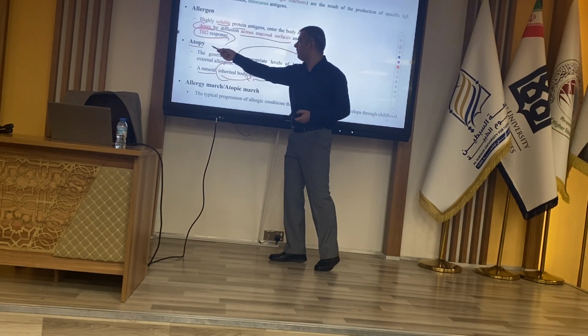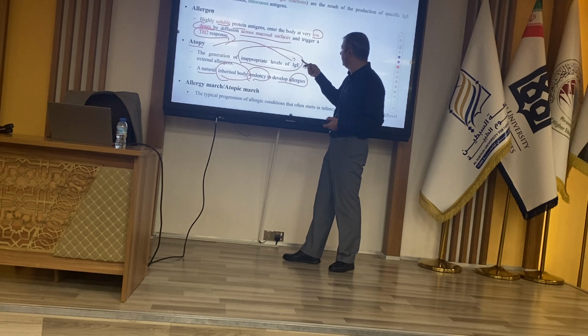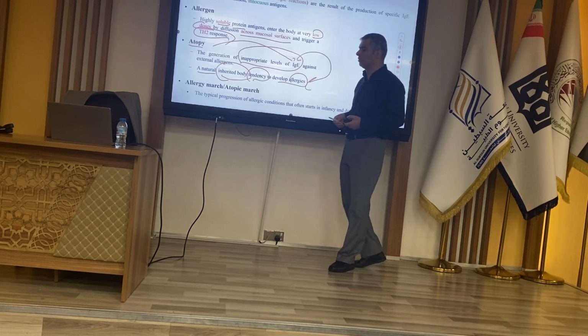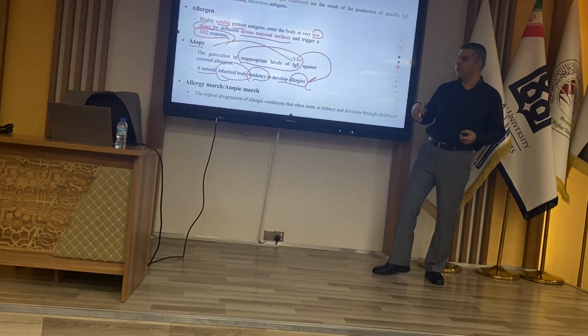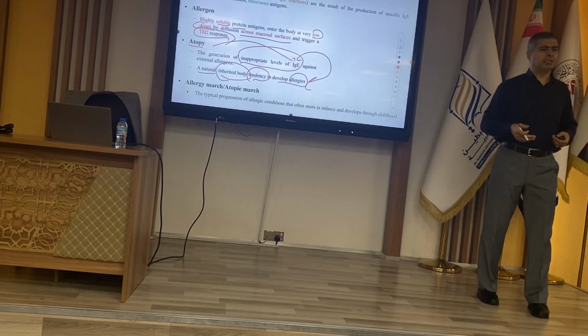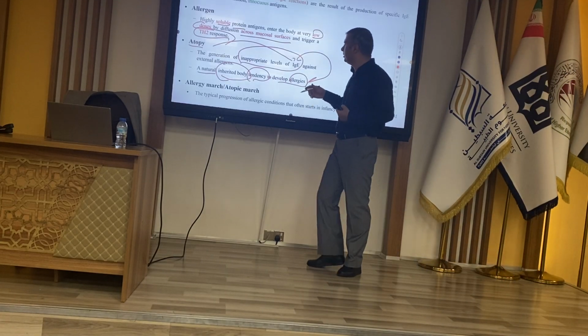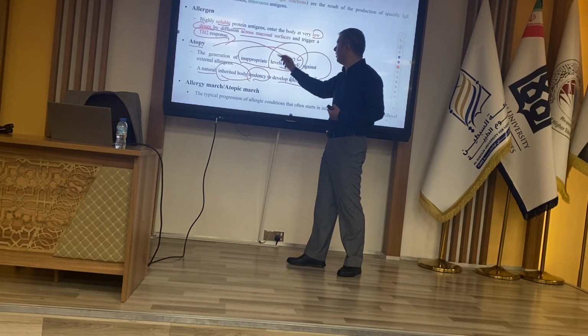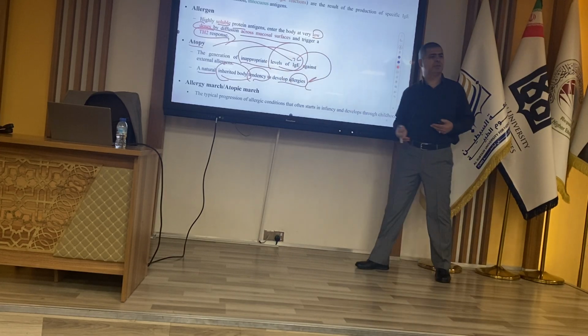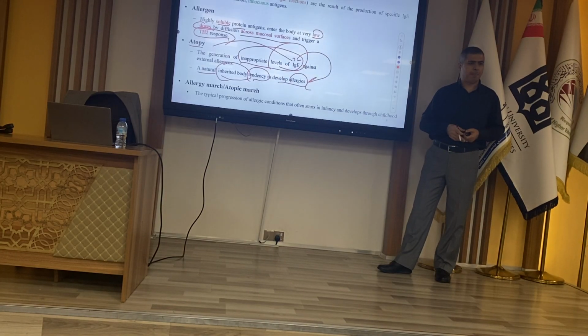Atopy means having a high level of IgE, or the second one, an inherited tendency to develop allergies, or an inherited body tendency to produce a high level of IgE. All of them are different definitions of atopy.